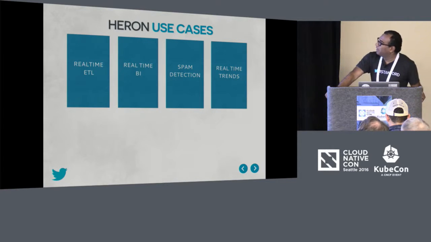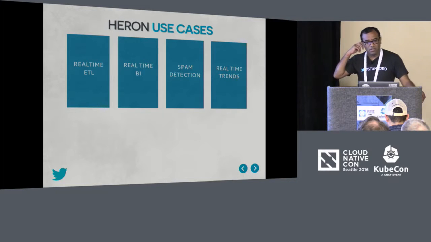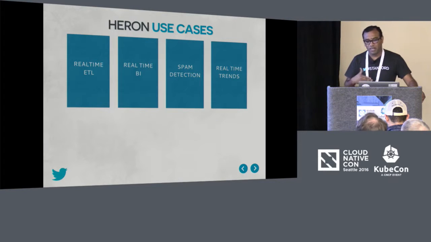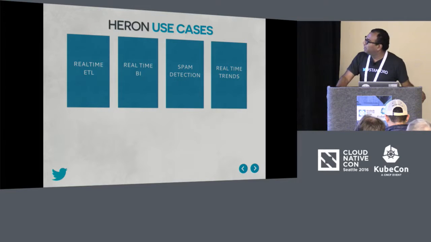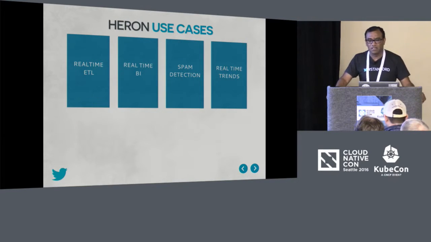That's pretty cool. We also do a lot of spam detection, product abuse detection, and various other things on top of Heron, where they build a machine learning model, and as the data comes in, they check it against that model for any violation. That all runs on top of Heron. The trend computations, such as trending hashtags and all the various trends that occur, are all computed on top of Heron as well.